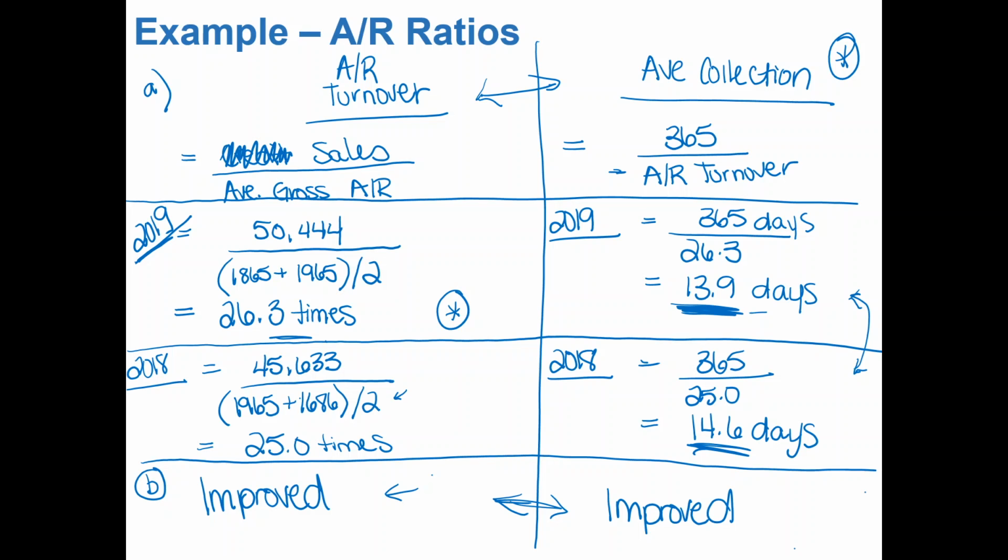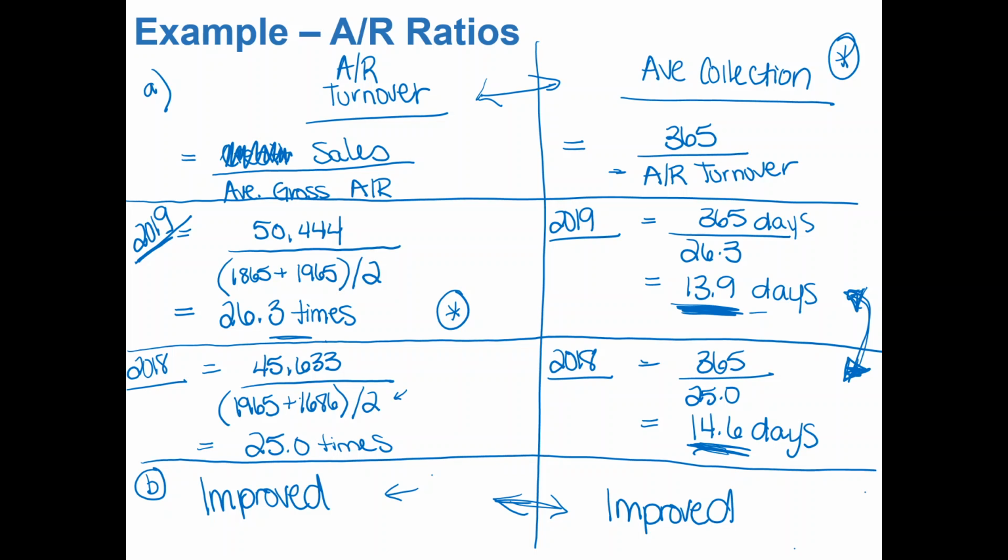But now let's say that their credit policy actually says that customers have 10 days from their invoice date to make a payment. Well, now we look at this and the average collection is more than the 10-day policy. So that's not good. It's not that much more, but still it's more. Customers are paying more slowly than they're allowed to.